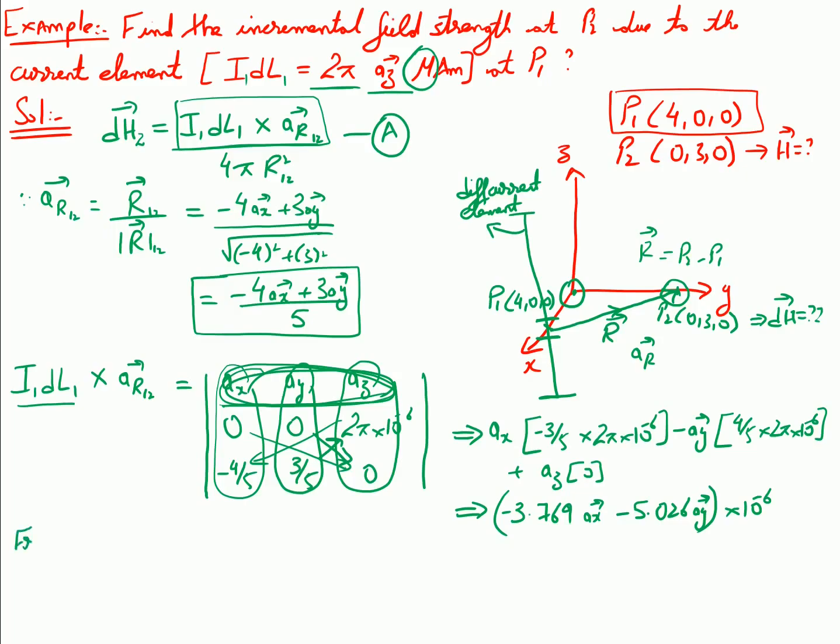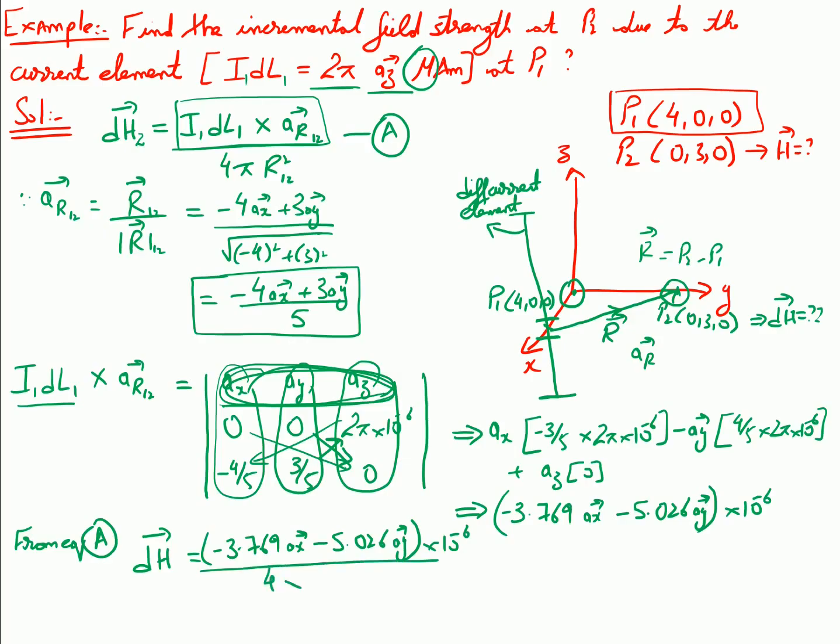So from equation A, our final output comes out to be that the magnetic field intensity is going to be, so we take this minus 3.769 a of x minus 5.026 a of y with a value of 10 raised to the power minus 6, divided by 4 into 3.14, which is the value of pi, into, so you take the square of 5, so it becomes 25 as r square.